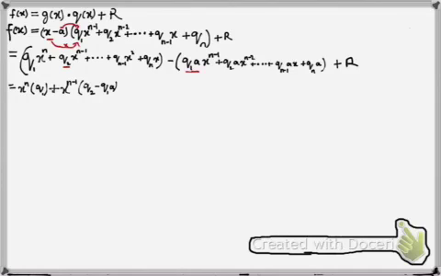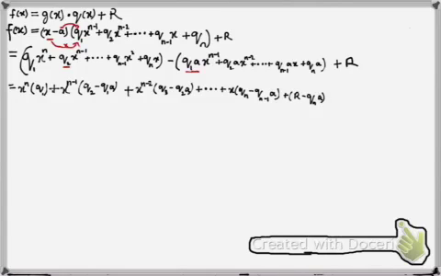So what do you get? x power n minus 2 times q3 minus q2a, and so on till x times qn minus qn minus 1a, plus, what are the constant terms here? r minus qna.